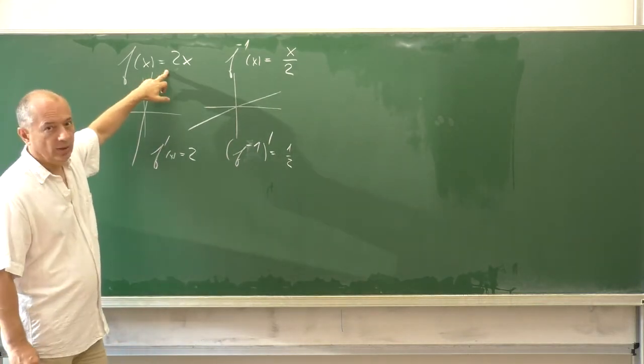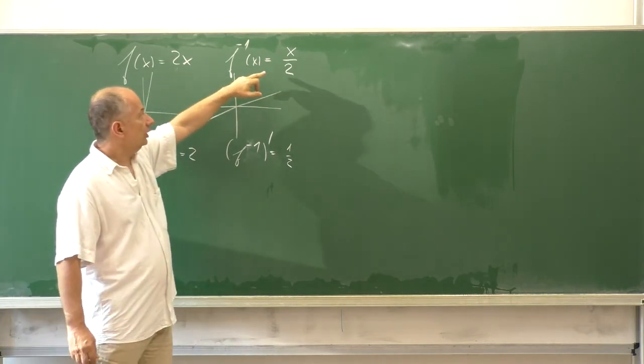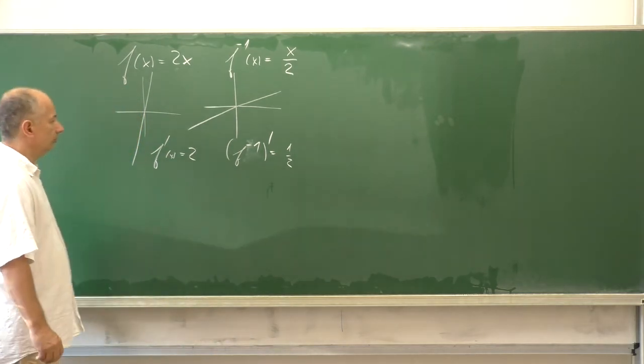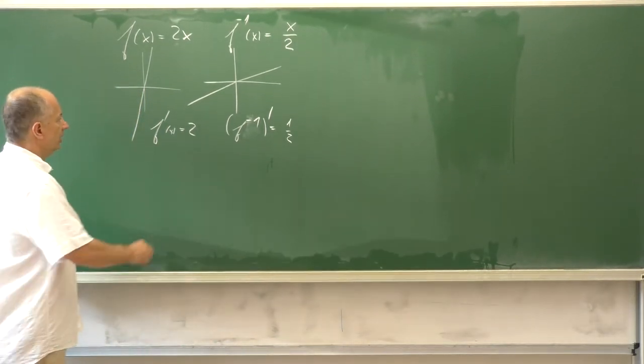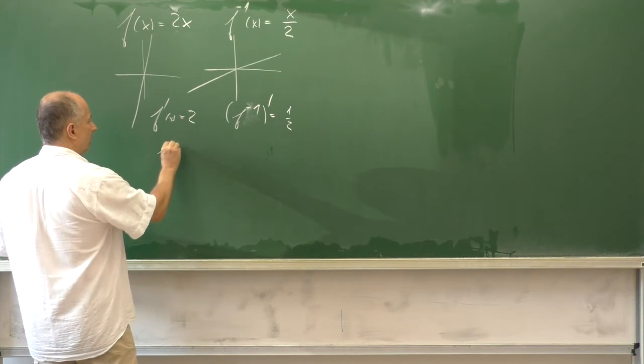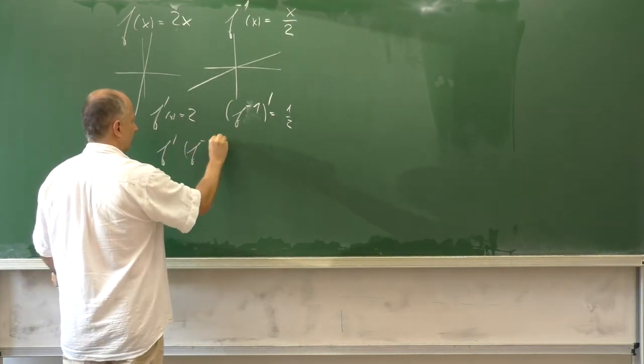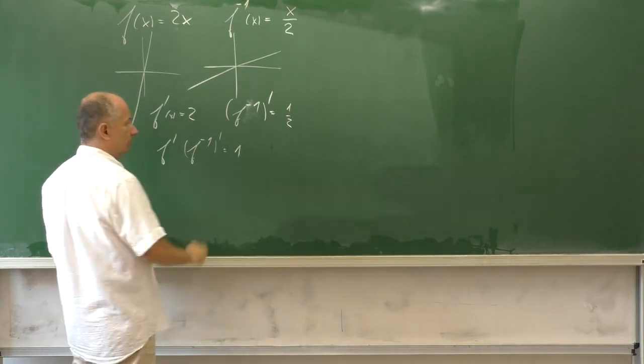If the derivative were negative, so the derivative of the inverse function would be negative as well. In general, it is so that f derivative times f inverse derivative is equal to 1.